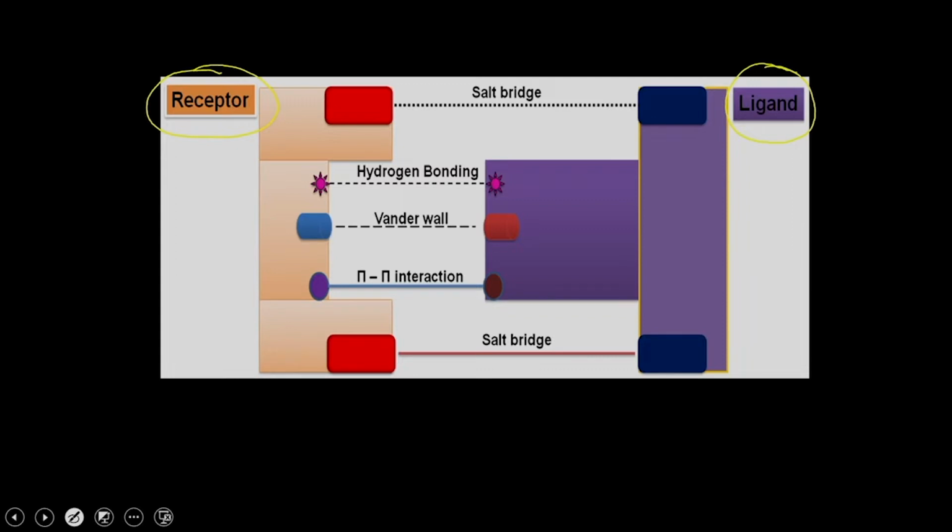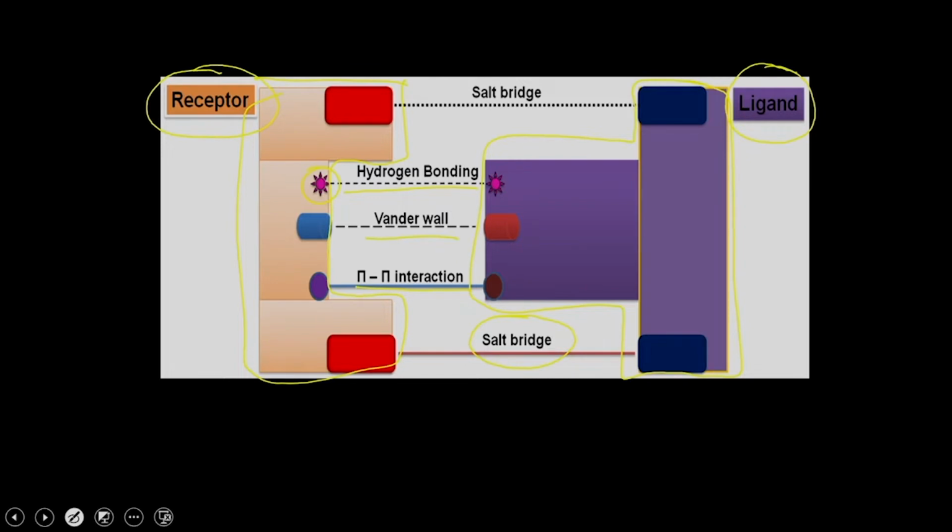For example, the receptor has a 3-dimensional conformation which is exactly complementary to the ligand, so the ligand fits into the receptor. Then you have other kinds of interactions, like hydrogen bonding, van der Waals or pi-pi interactions, and in some cases salt bridge interactions between the receptor and the ligand.